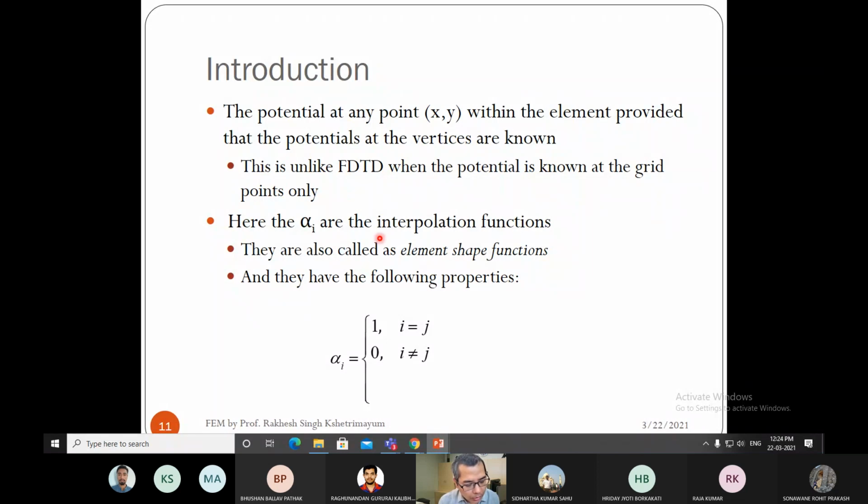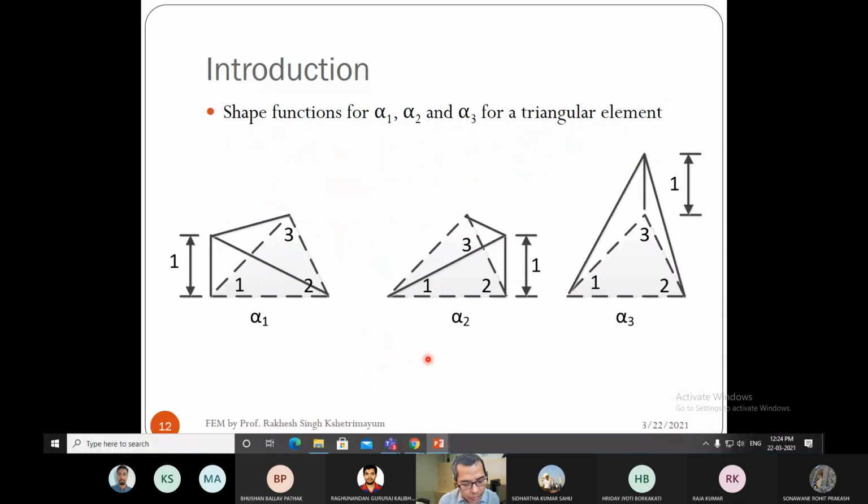Alpha i's are called the interpolation functions or element shape functions, and alpha i has a very good property: alpha i equal to 1 when i is equal to j, and 0 when i not equal to j. This will be very clear from this diagram here. If I draw these alpha i functions, alpha 1, alpha 2 and alpha 3, what I can observe is alpha 1 has a value of 1 at node 1, and a value of 0 at nodes 2 and 3.